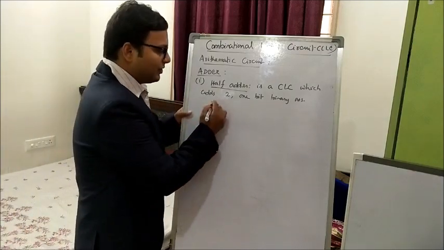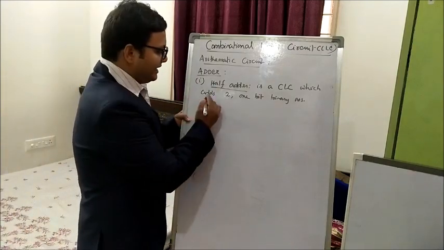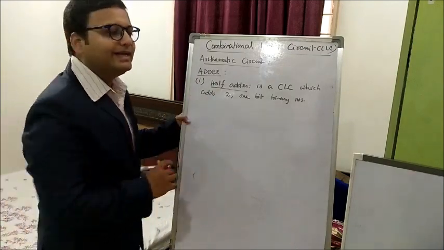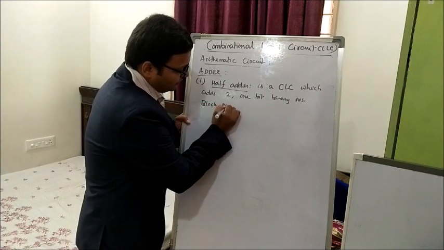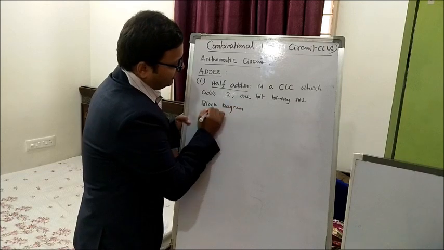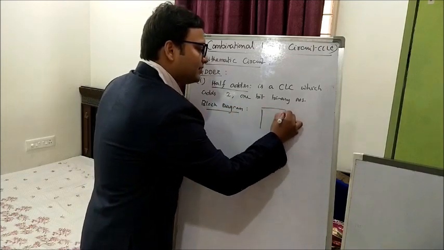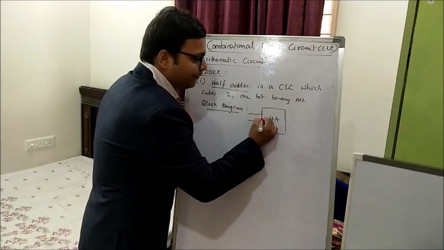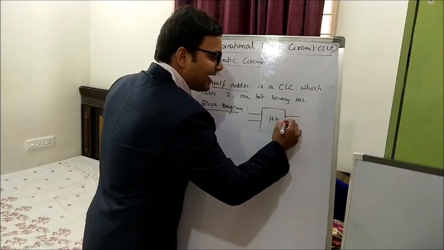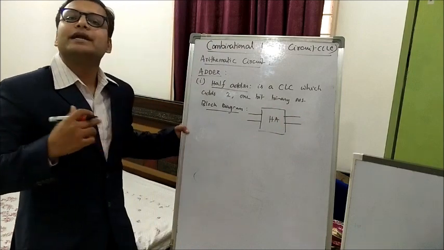So what you need to do first is mainly draw the block diagram. In that block diagram, this is your logic circuit, which is the half adder. As I told you, you first need to identify the number of input and output variables.